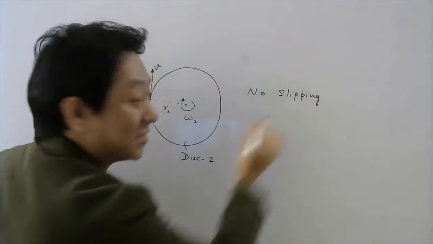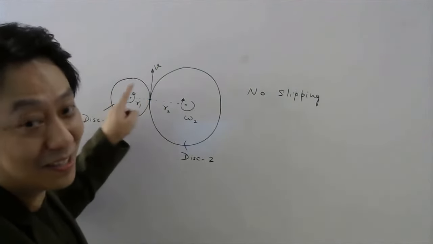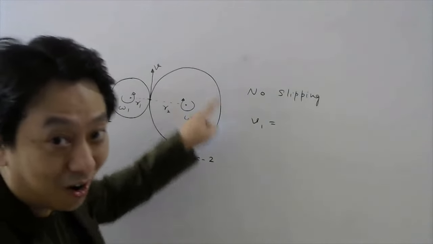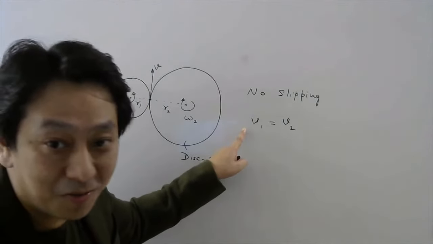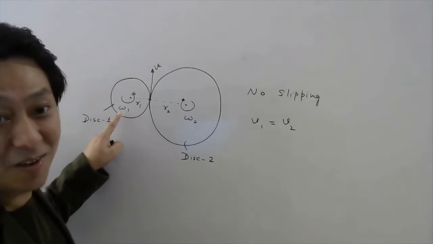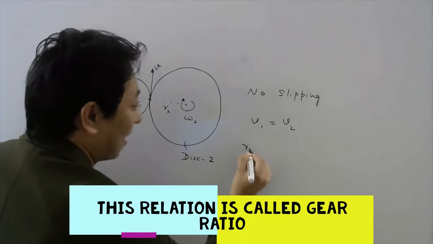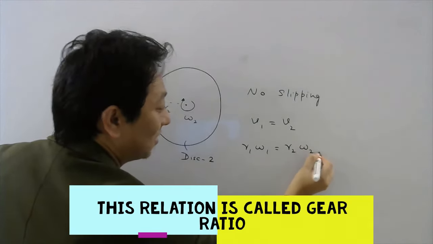Just now we discussed, it means the velocity of this point on this disc must be equal to velocity of this point on this disc. And we already have seen the formula for velocity in terms of angular velocity or angular speed, right? What is the formula? r1 omega 1 and this is r2 omega 2, right?